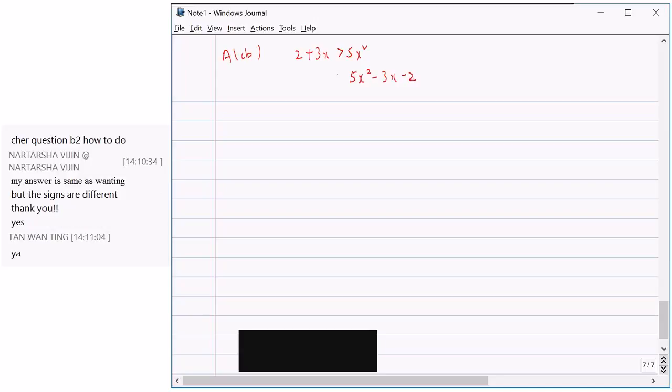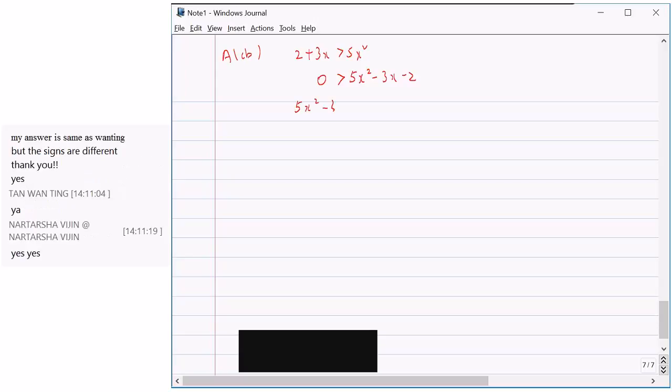Bring everything to the right hand side so that my x squared continues to be positive coefficient. Like that, okay? But by habit, let's push things to the left. Like that. Okay? So, quadratic inequality.